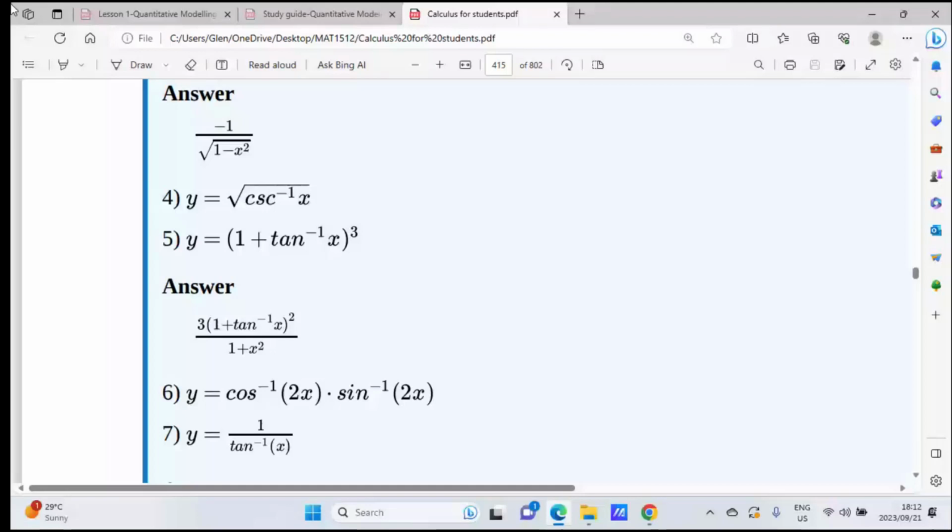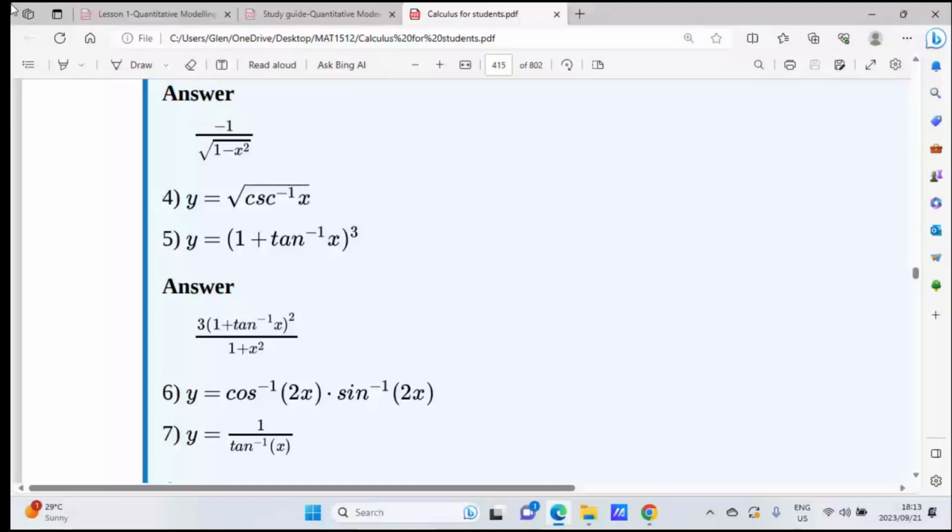Here's another simple question. Follow me step by step, and on a piece of paper, please write 1 over tan squared x. The reciprocal of that is the same as cot squared of x.